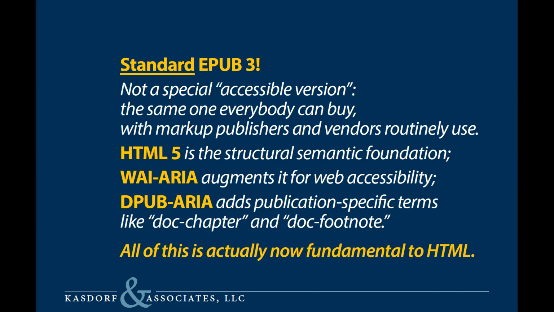Then there's an additional set of terms called EPUB ARIA, which augments the existing ARIA markup to provide things that are publication specific. A lot of people don't realize that HTML doesn't actually have a concept of a chapter or a footnote. This is a way you can identify this is a chapter, this is a footnote. All of this is now fundamental to HTML. In fact, I shouldn't even be using the term HTML5. I should just be saying HTML.